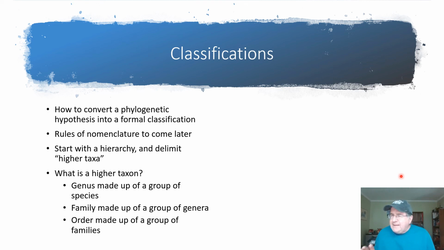I'll add some constraints here in a little bit, but basically a genus is nothing more than a group of species. There are no established rules about how to determine which species can be put together in the same genus and which can't. There's lots of leeway there.